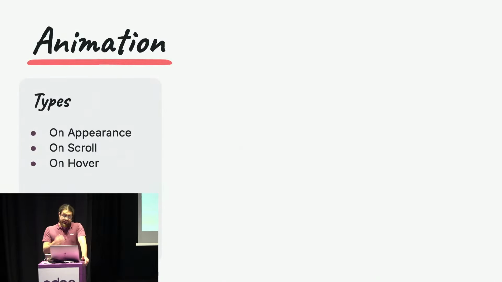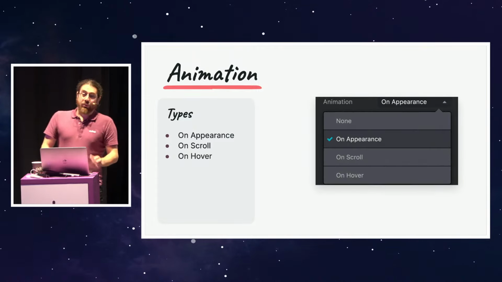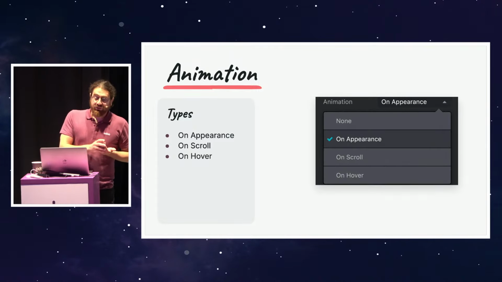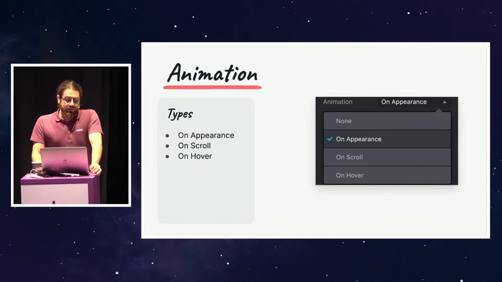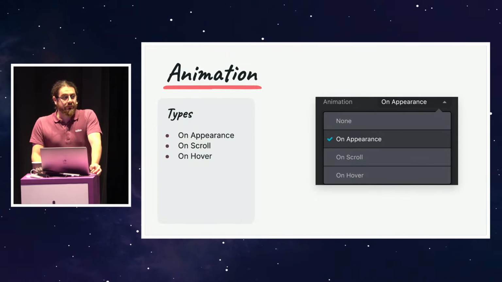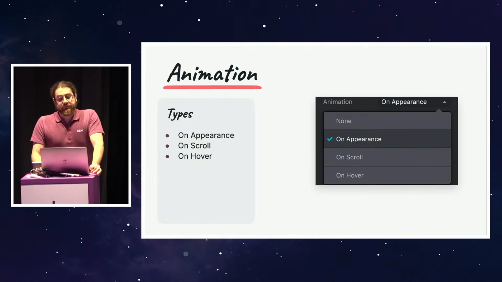So this next point is types of animation, as I said before. And now we have 3 kinds. There are animations on appearance, animations on scroll, and animations on hover. Actually, animations on appearance and animations on scroll are in a way similar, but they are different.